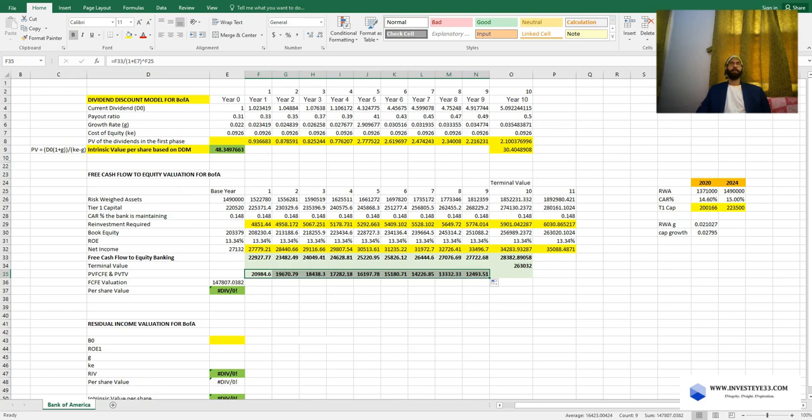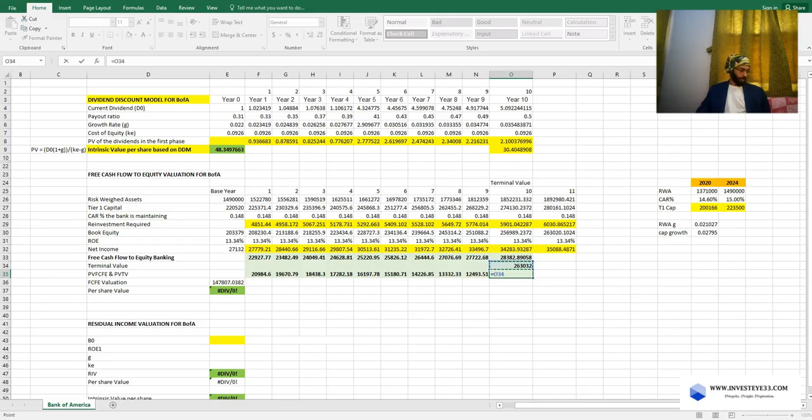This is what we get here, right? For the first 9 years, this is the value. And for the 10th year, what we do is we add the terminal value with the net income. So terminal value plus the free cash flow. This entire thing we reduce or discount to the present value. So this is equal to the terminal value plus the net income in year 10 divided by 1 plus the cost of equity raised to the power the number of years, which is 10, right?